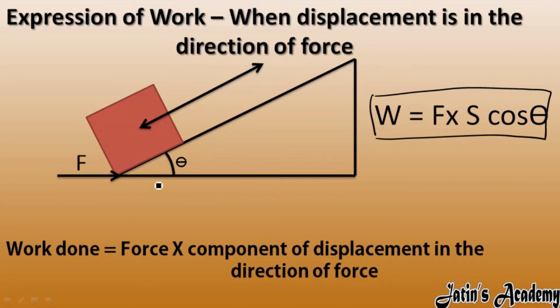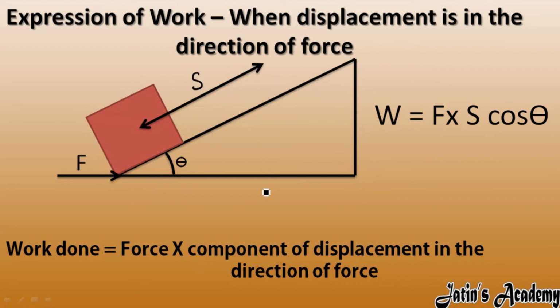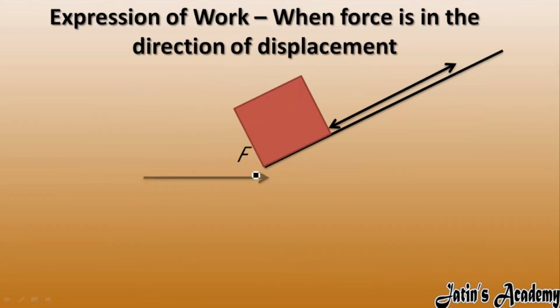Now first we took displacement in the direction of force. Next case we will see, where we will take force in the direction of displacement. In this case, we will make a formula of work done when we take force in the direction of displacement. So how will we take force?